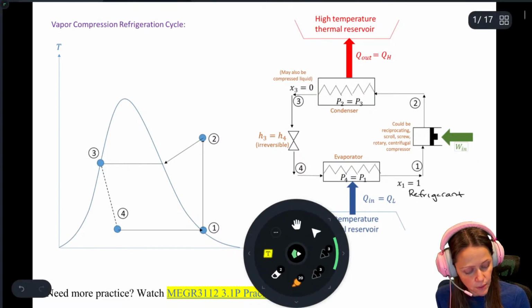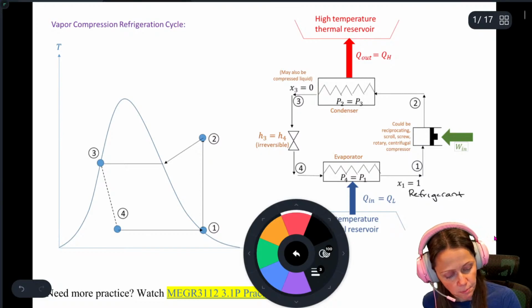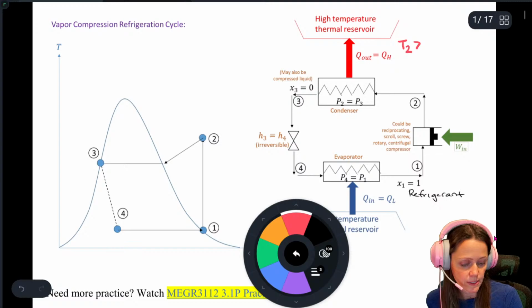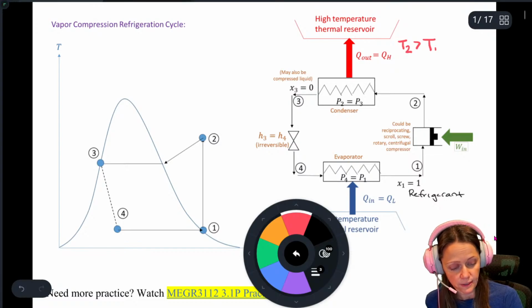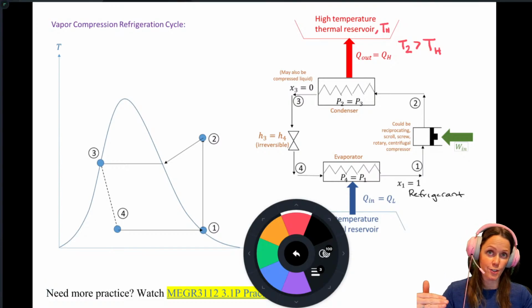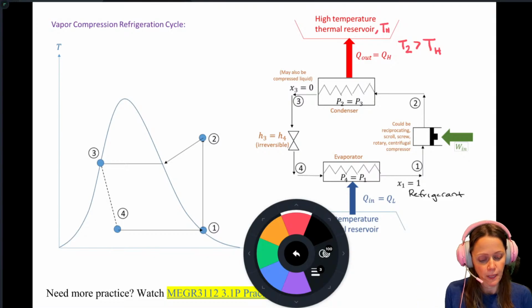And so the temperature at state 2 is going to be higher than the temperature of that high temperature reservoir. Right? And as long as it's higher than that high temperature reservoir, heat's going to naturally flow from what's hotter, which is the refrigerant, to your high temperature reservoir, which is at a slightly lower temperature.